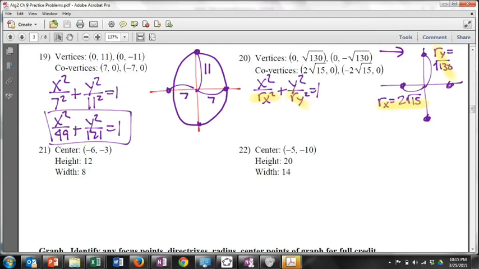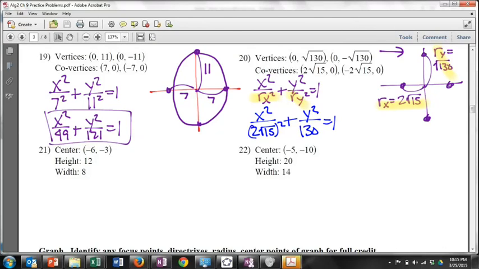This works because I know that the center of this ellipse is at the origin. So now I have x squared over 2 root 15, don't forget to square this, plus y squared over, now in this case, square root of 130 squared is just 130, so I'll just write that right there.